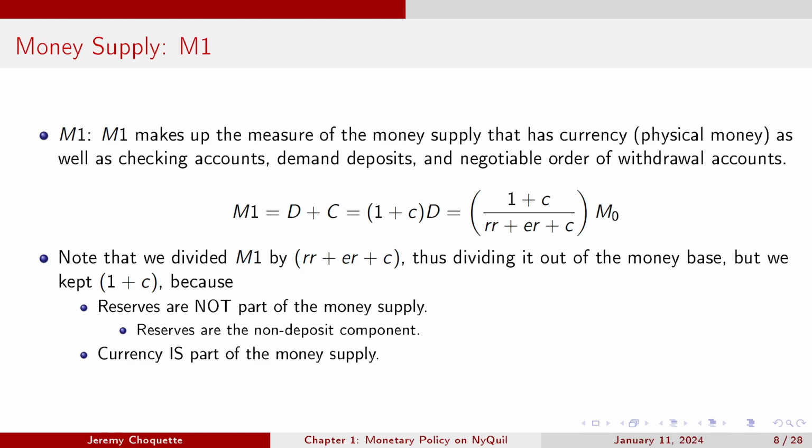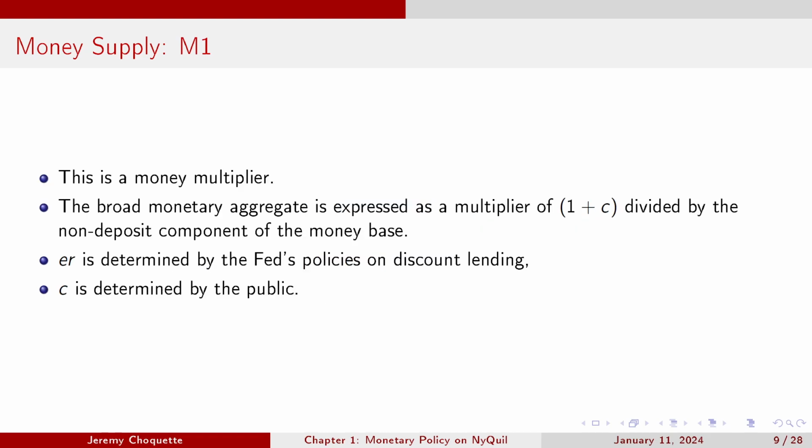Reserves are part of the non-deposit component. But currency is part of the money supply because why? You're carrying the money around and you're using it to buy stuff. So we keep currency in and we remove the reserve stuff.